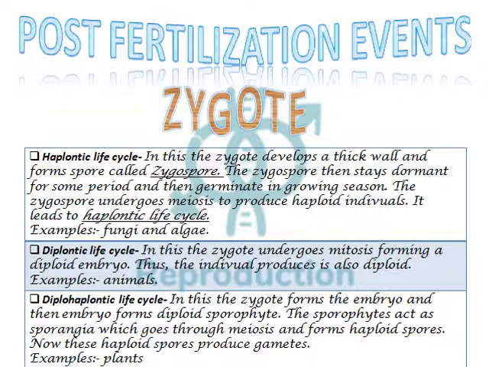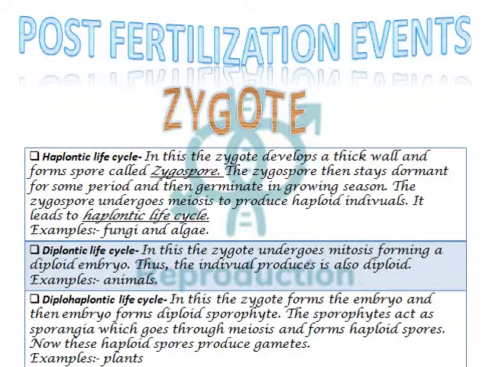The third one is the diplohaplontic life cycle. What happens in this cycle? Once a zygote is formed, it will form an embryo, and this embryo will make diploid sporophytes. Diploid sporophytes means it will make a body having diploid cells. The sporophyte is the name of the individual which will be formed by an embryo.